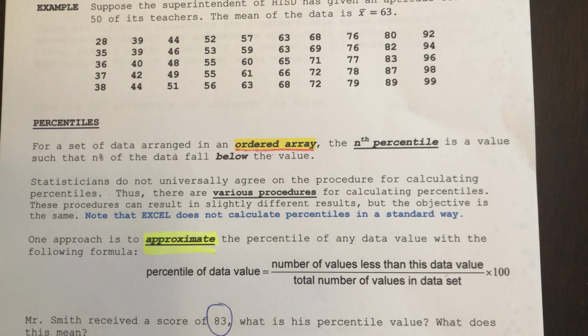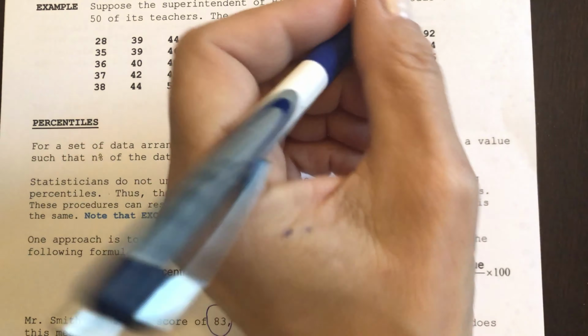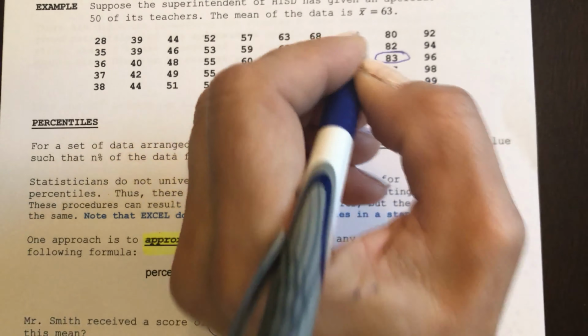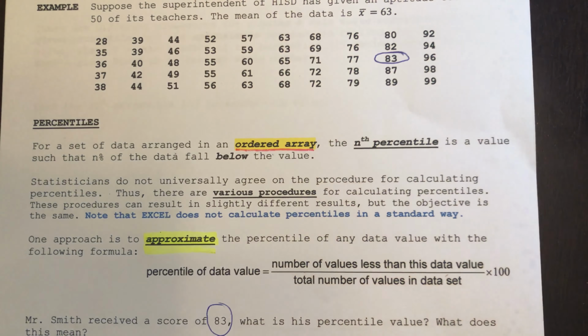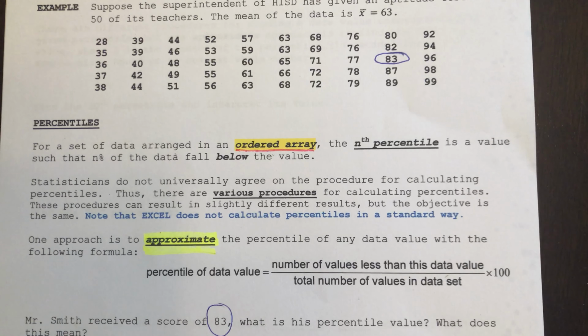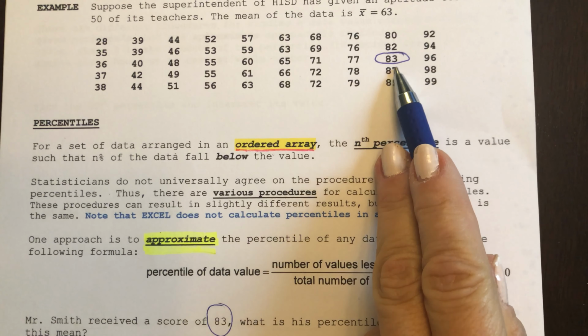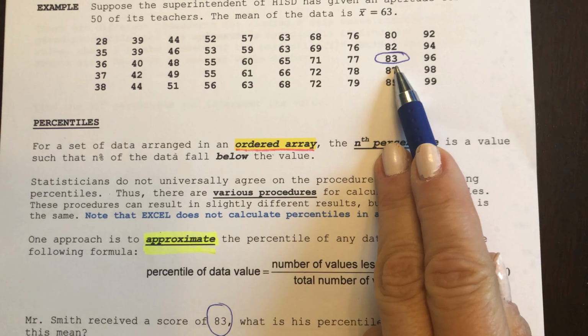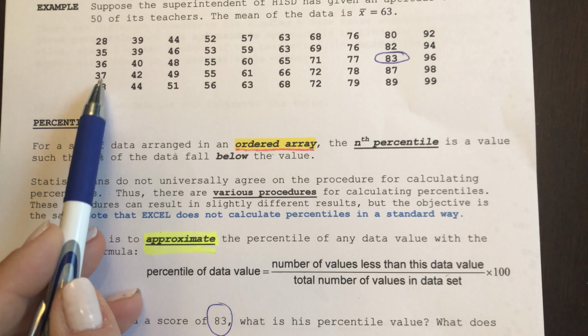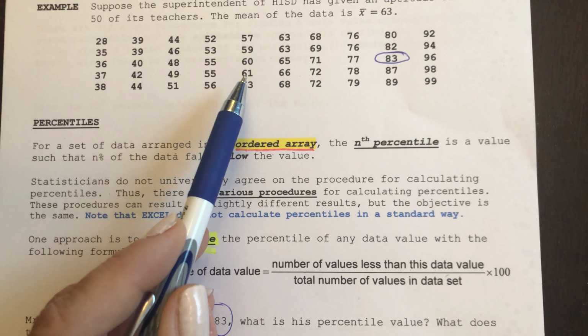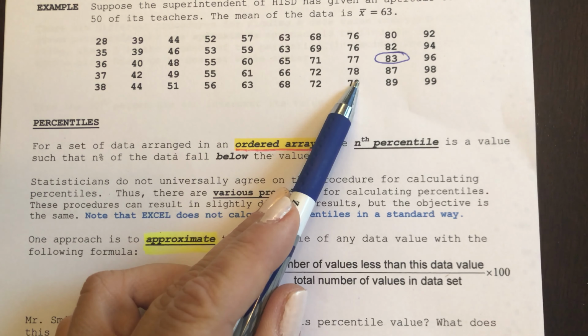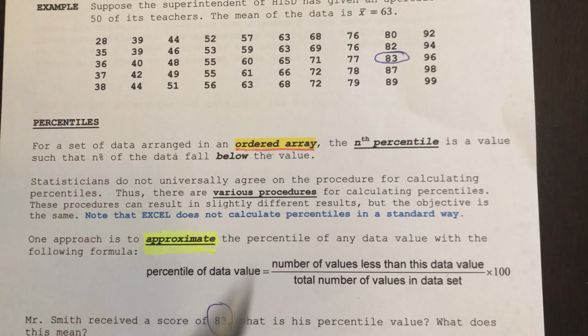I want to make the point that we're talking about someone who has actually taken the exam. If you go up here, you're going to see that here is his test score. To find his percentile value, we count how many scores are below him. Remember, these are in columns of 5. So we have 5, 10, 15, 20, 25, 30, 35, 40, 42.